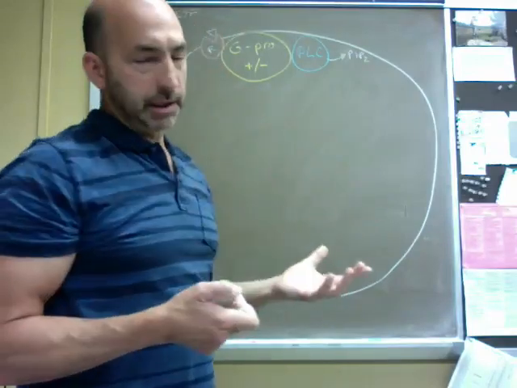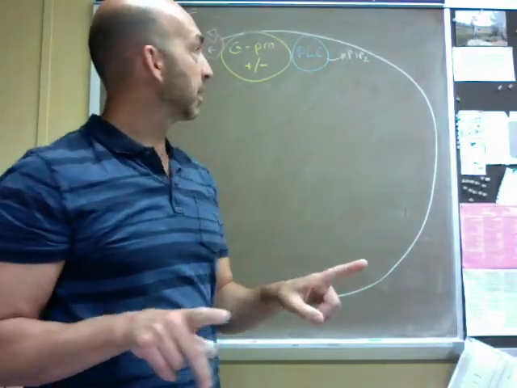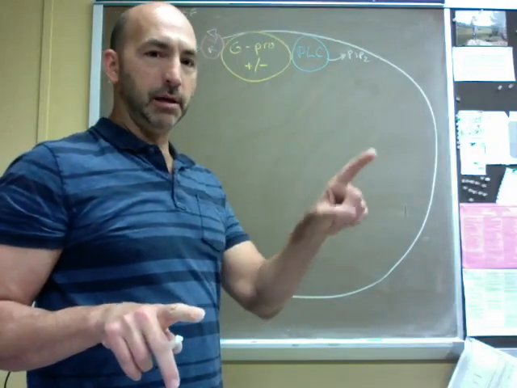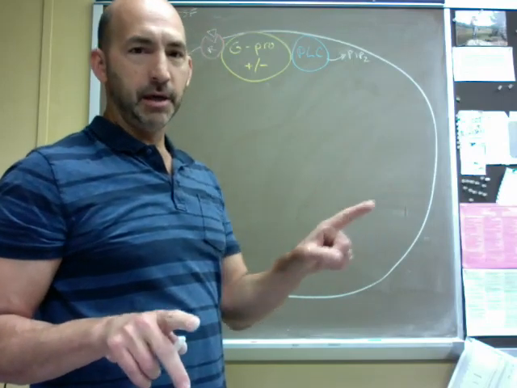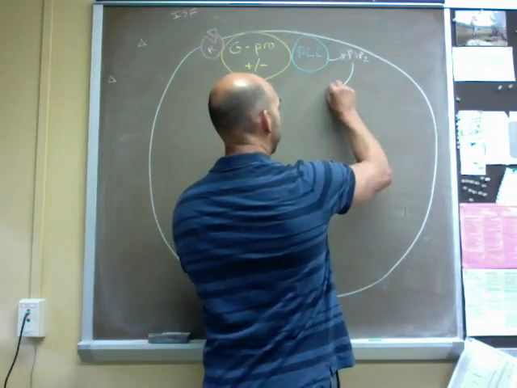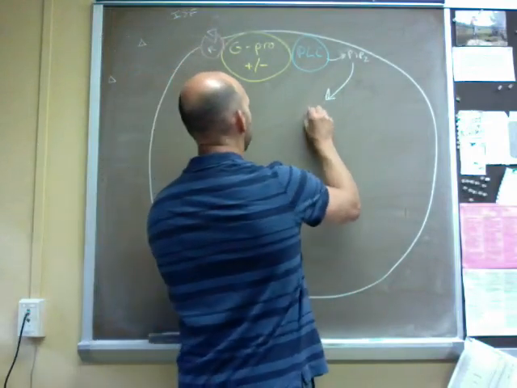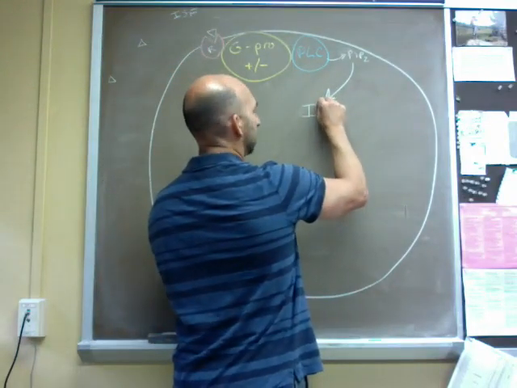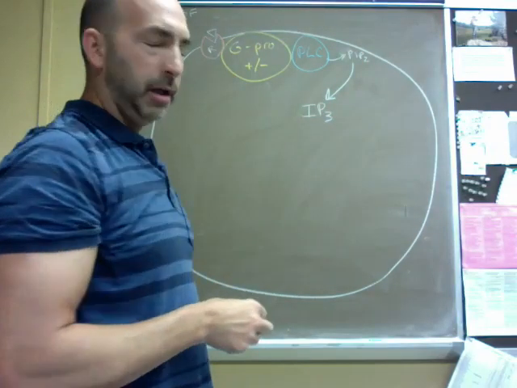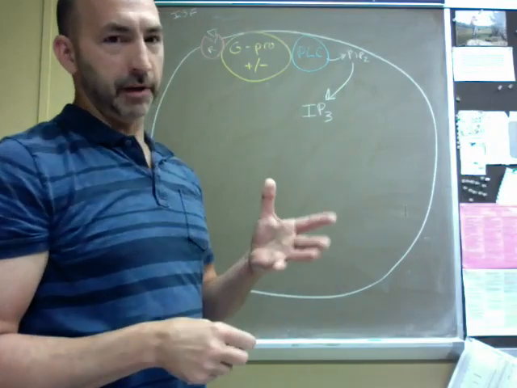All right, well, PLC is an enzyme, and what it does is it cleaves PIP2 into two separate molecules. One of those molecules is going to be lipophilic, and one of them is going to be hydrophilic. The hydrophilic one will diffuse off into the cytoplasm, and that one's called inositol triphosphate, IP3.